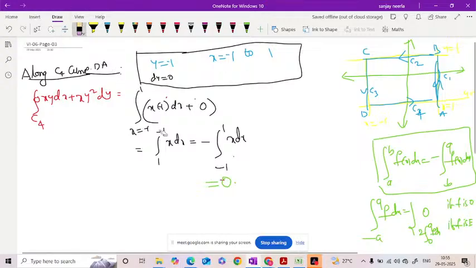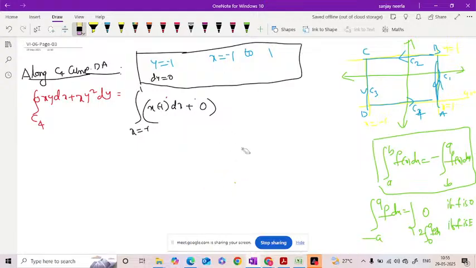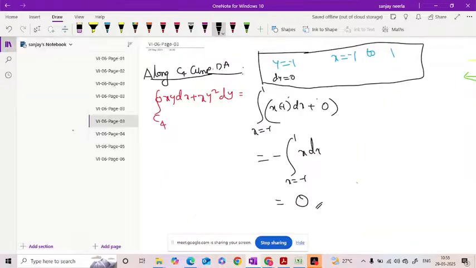So after rewriting, minus integral x from minus 1 to plus 1 x dx. Anyway this x is the odd function, so the integration from minus 1 to plus 1 is entirely 0. That means here what are the results we have? C1, C2 results.